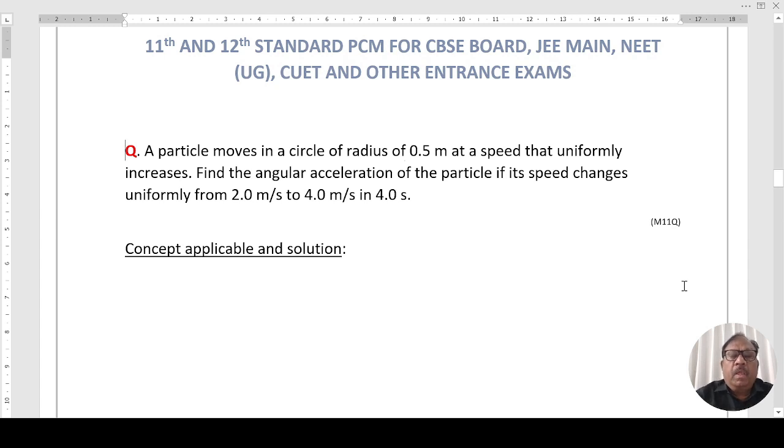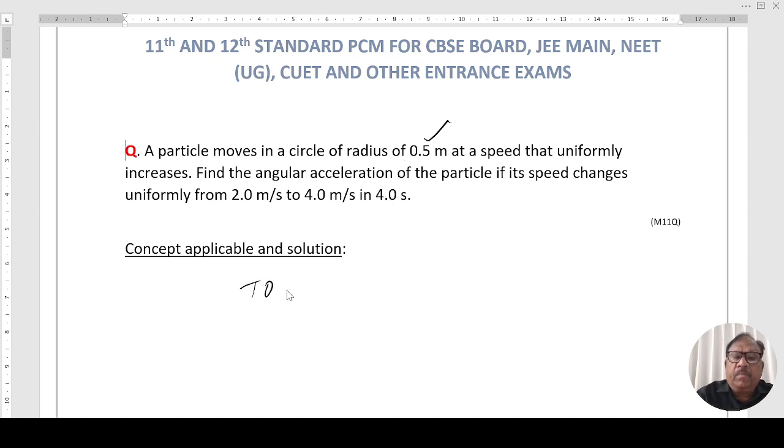Question is, a particle moves in a circle of radius 0.5 meter at a speed that uniformly increases. Find the angular acceleration of the particle if its speed changes uniformly from 2.0 meter per second to 4.0 meter per second in 4 seconds. What is our requirement?